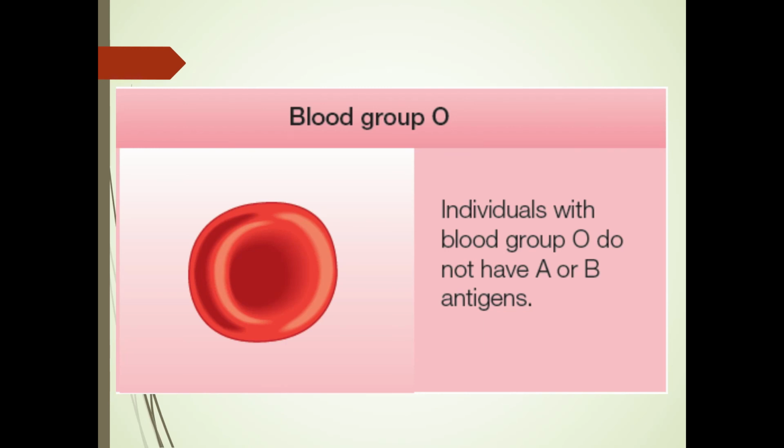Sorry, they have the antibodies, anti-A and anti-B, inside the person with blood group O. So if any A and B try to enter, they will kill the blood. They will bind the blood. So that's why they can only accept O.